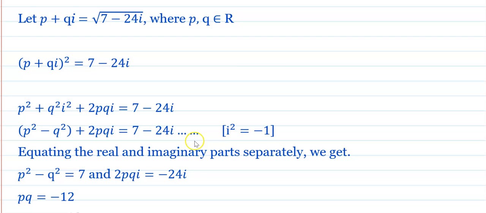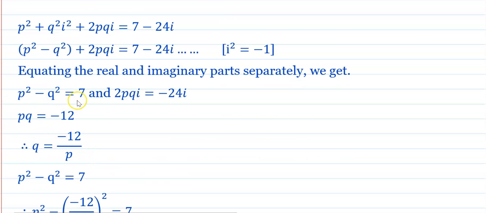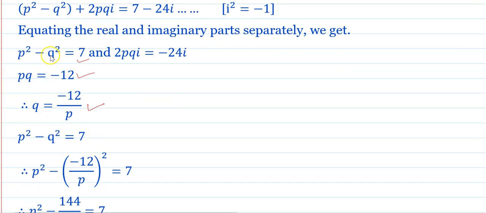Equating the real and imaginary parts, p² - q² = 7. Next, 2pqi = -24i. Now here i gets cancelled. 2pq = -24, then you will get -12. pq = -12, and hence q = -12/p. Substitute the value of q in this equation.